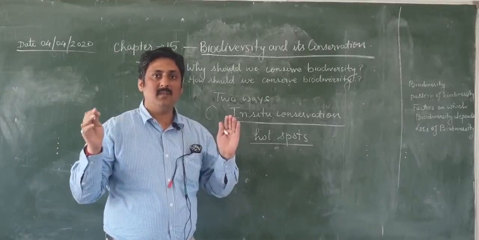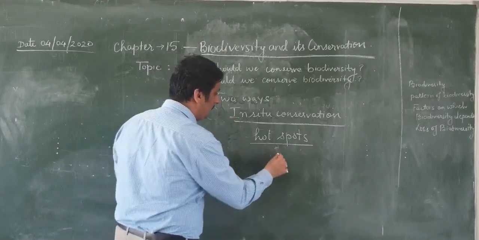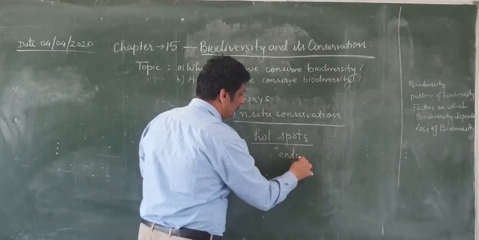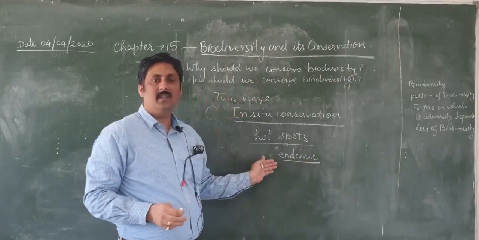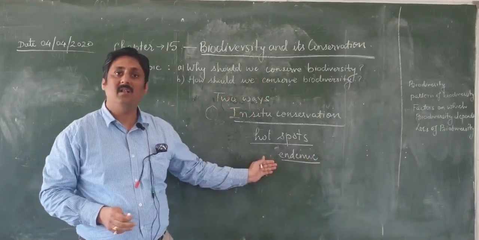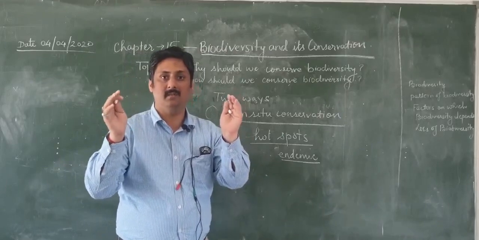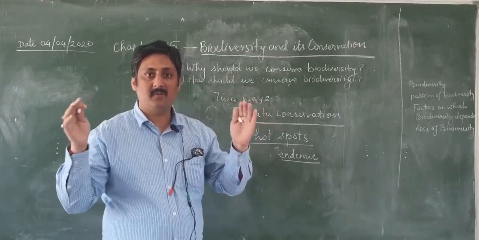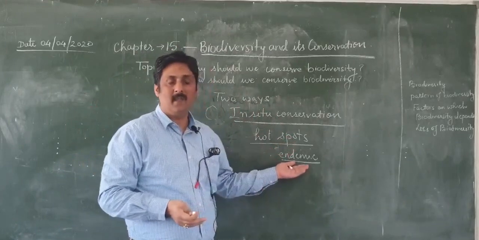Moreover, many of the species living in these areas are endemic. That means they are not found in other areas. They are found in only one particular habitat, and outside that habitat they are not found. So those species are called endemic.